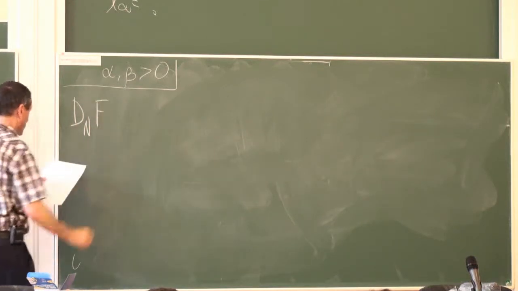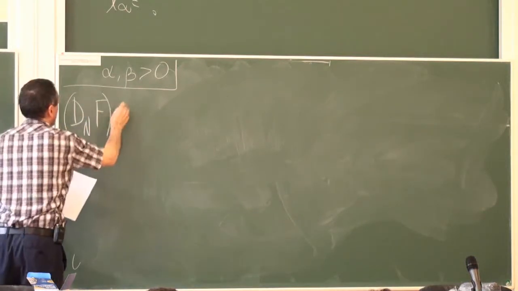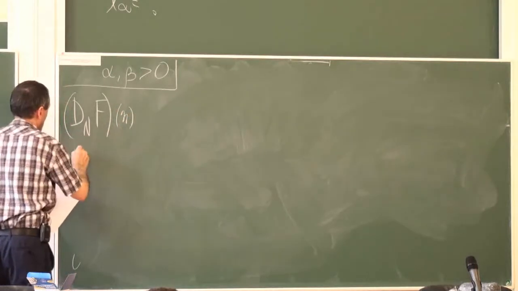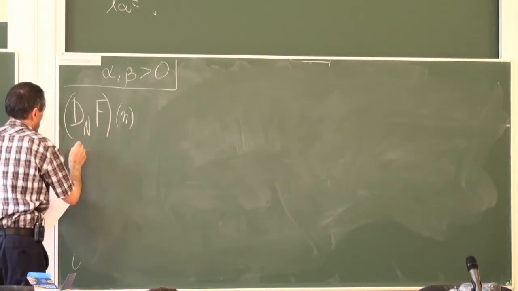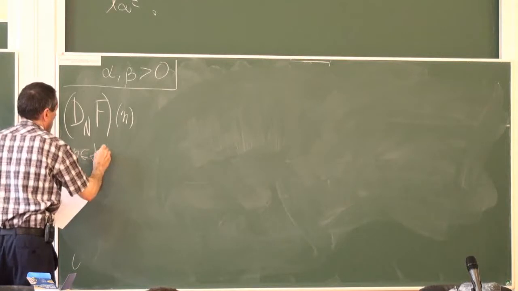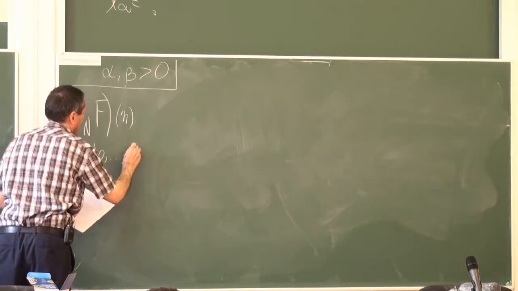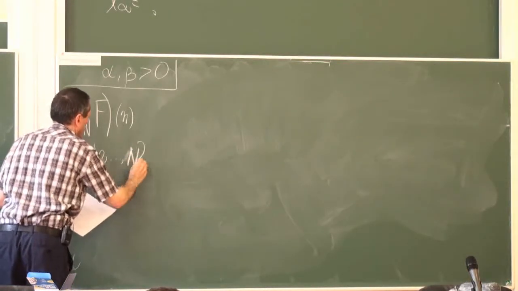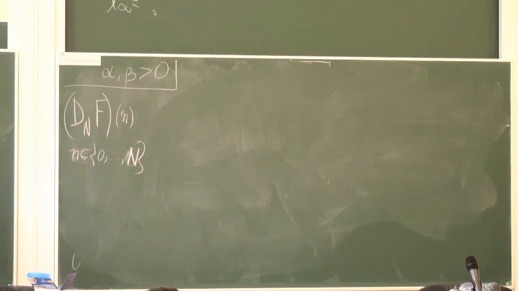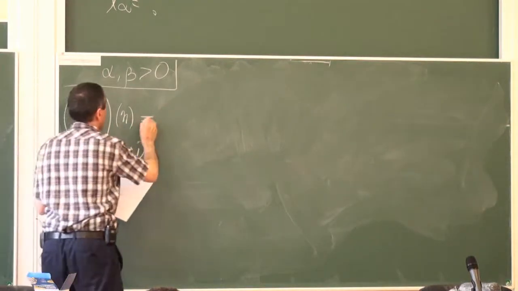We apply it to a function and evaluate at a point n, which is one of the possible values here. And the result is as follows.